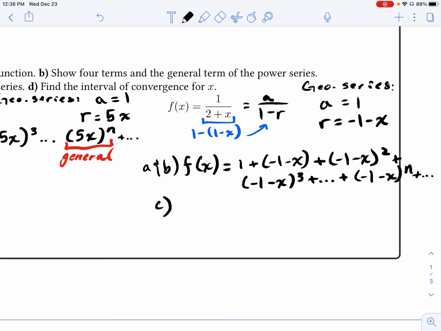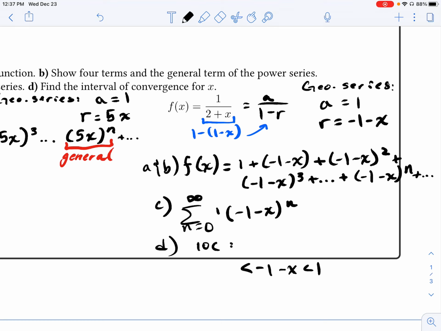Part C, we're going to write that now in summation notation or sigma notation, starting with n is equal to 0 to infinity. Our first term is 1. Our common ratio is (negative 1 minus x) to the n. And then finally, for part D, our interval of convergence, we can then say, well, when this is less than 1 or greater than negative 1. We should simplify this here.